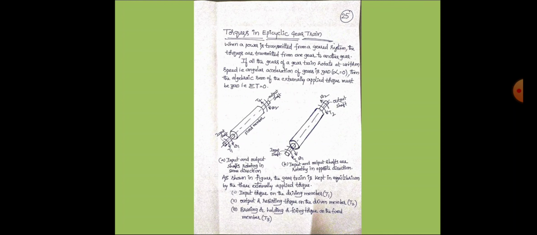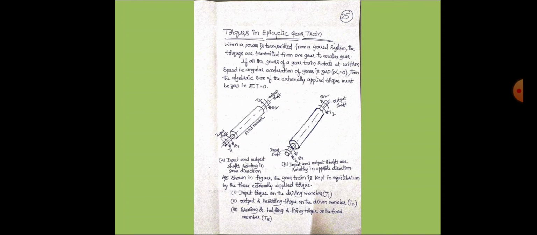There is only one more note here. You can see from the figures two points which we can write. If input and output shafts rotate in the same direction, then T1 and T2 will be in opposite direction. That is what you can see in figure A. Similarly, if input and output shafts rotate in opposite direction, then T1 and T2 will be in the same direction.